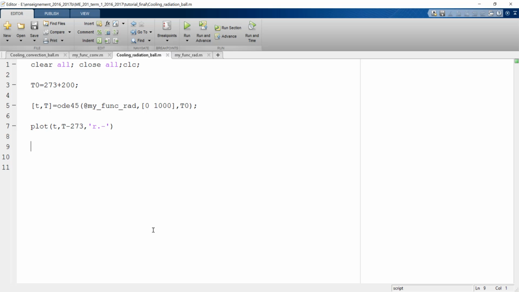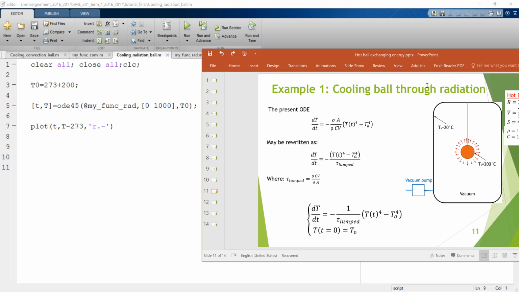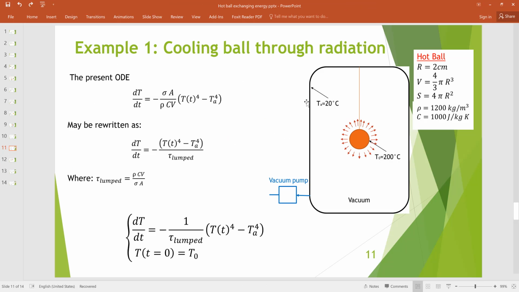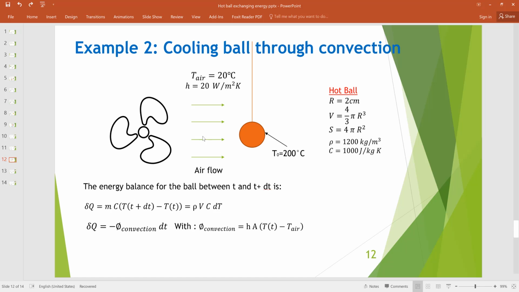So imagine now you want to solve the convection problem. The convection problem is a little bit different. We don't have a vacuum chamber. You have a fan and the exchange will be directly between the airflow and the ball, the same ball, heated to 2000 Celsius.